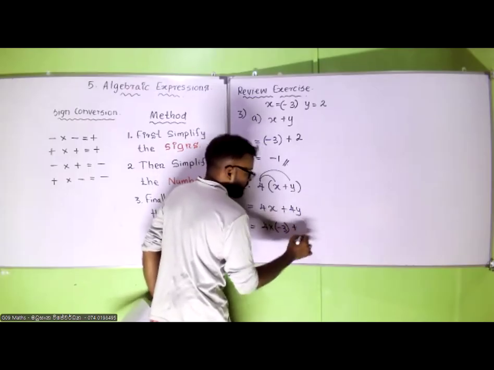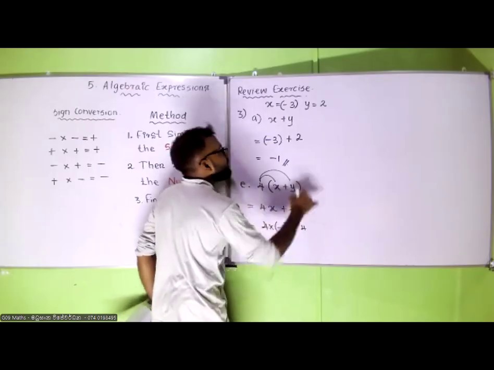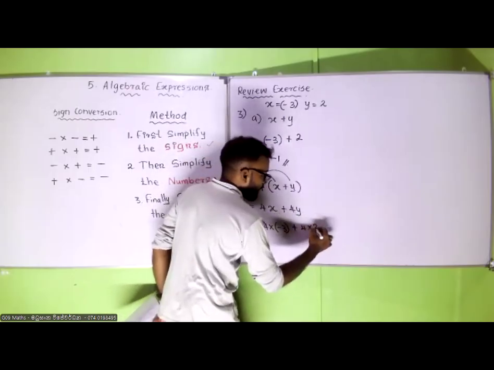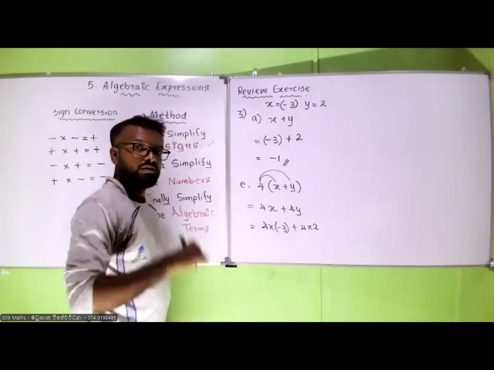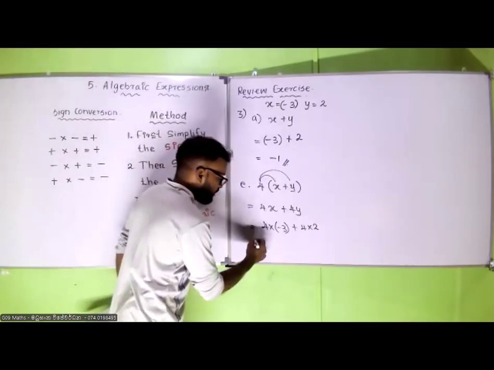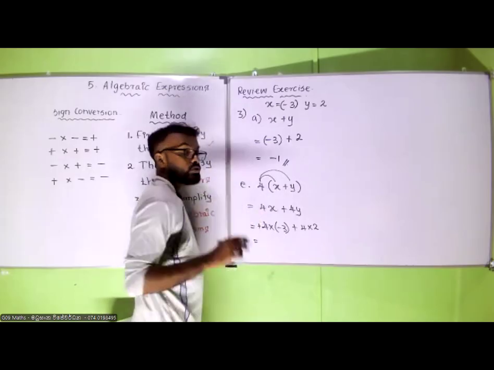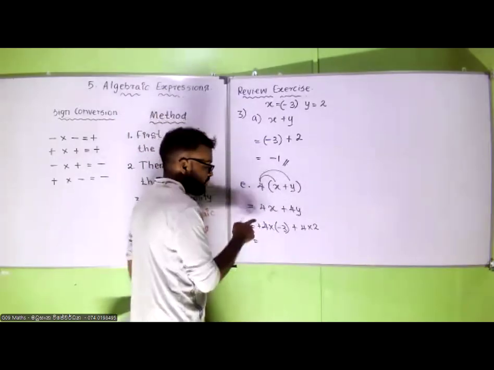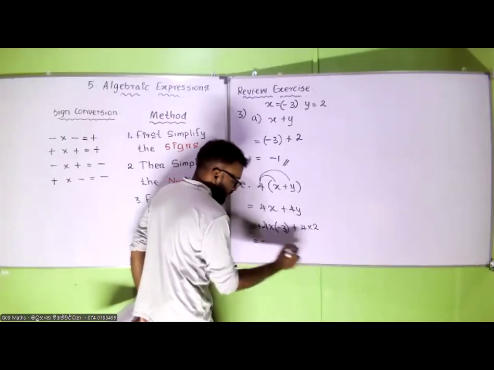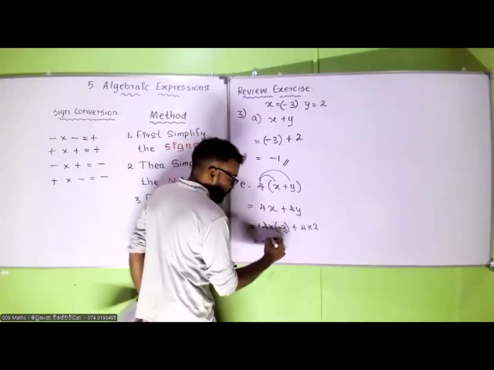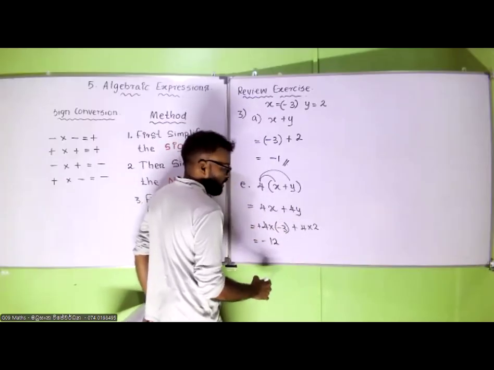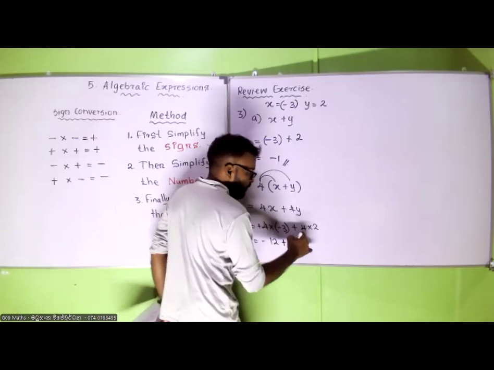Here you have plus 4 times y, which means 2. Multiply by 2. You know how to do this. Equal mark. This is positive 4. The positive sign is hidden. Positive into negative, negative. 4 times 3, 12. Here you have plus 4 times 2.